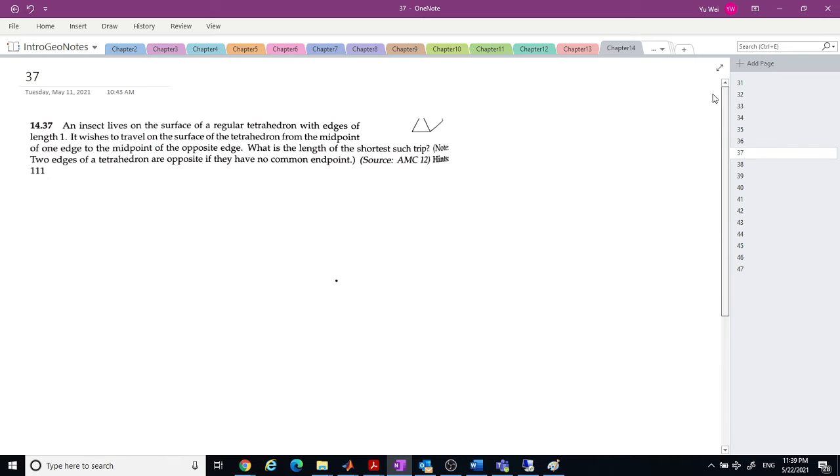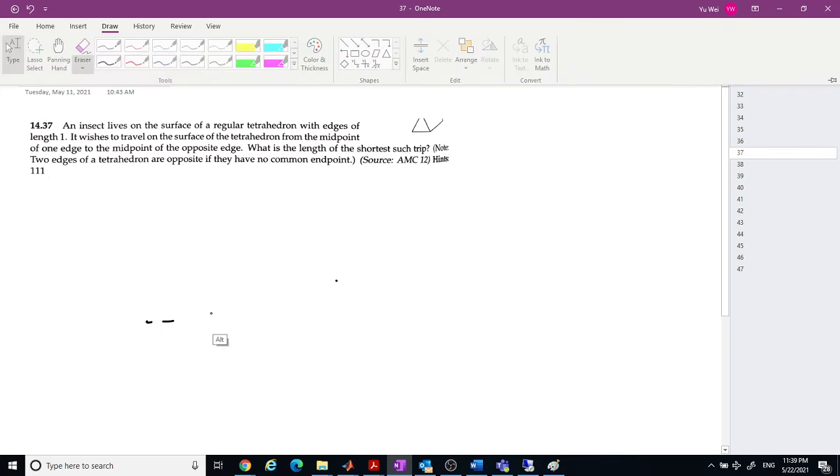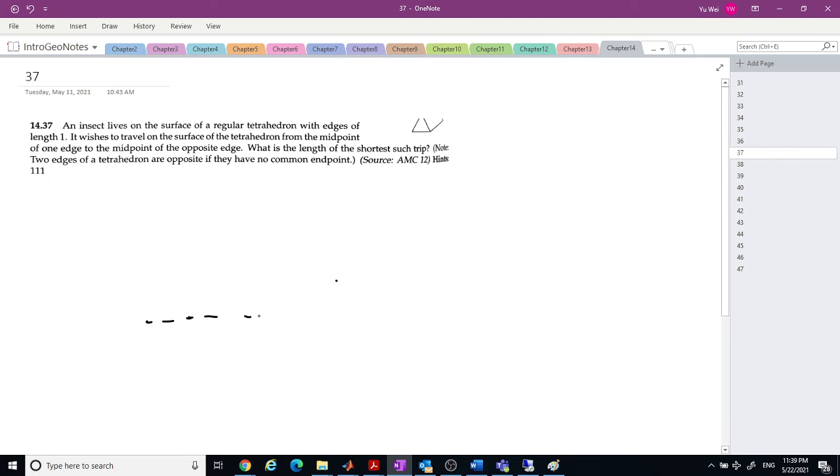Okay. So next, an insect lives on the surface of a regular tetrahedron.